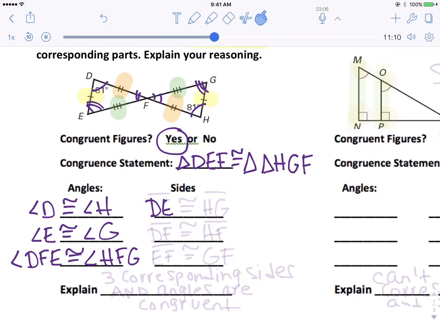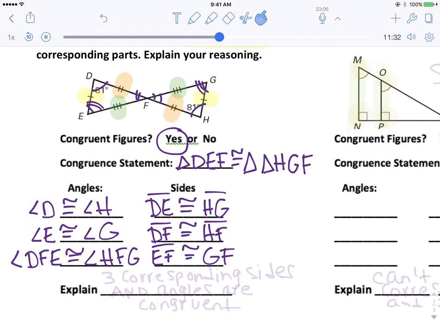So DE is congruent to HG. DF is congruent to HF. And EF is congruent to GF.